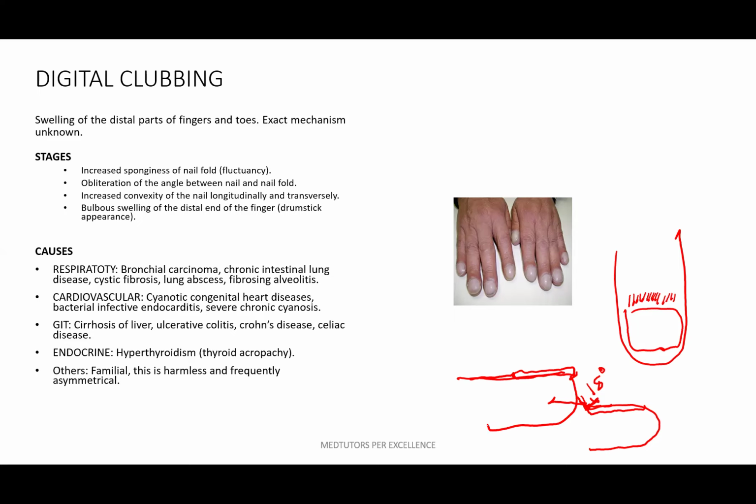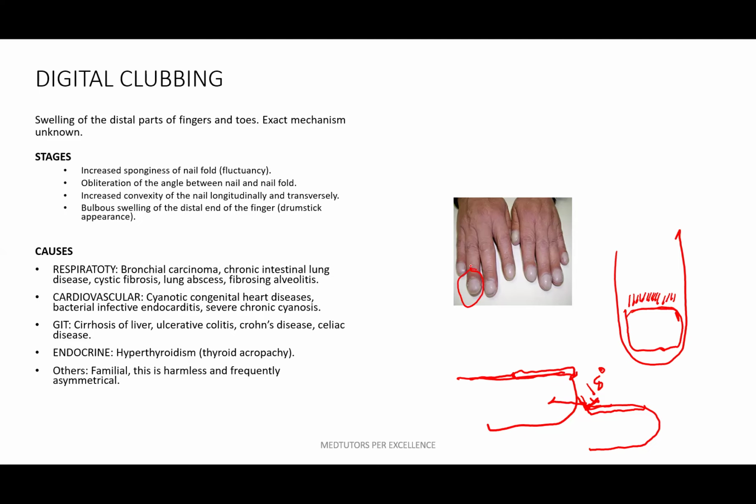Stage 3 is increased convexity of the nail longitudinally and transversely. The nail won't appear drumstick-like yet, like stage 4, but the convexity of the entire nail will increase longitudinally and transversely.